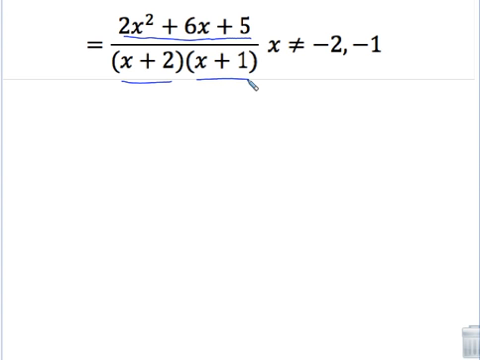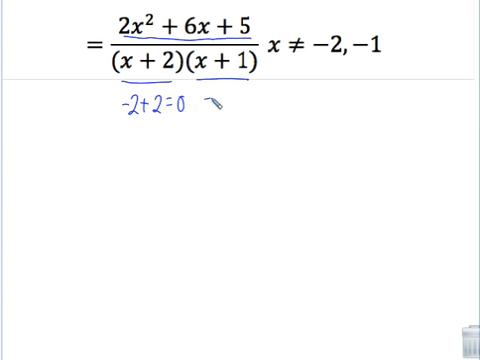Now, when you're looking for the domain of your composite functions, there are two things you have to look at. Number one, if you have a fraction, anything that will make the denominator equal to 0 will be excluded from the domain. If x was negative 2, then negative 2 plus 2 gives 0. 0 times anything is 0, and I end up with a 0 in the denominator, which is undefined, or where my asymptote is.